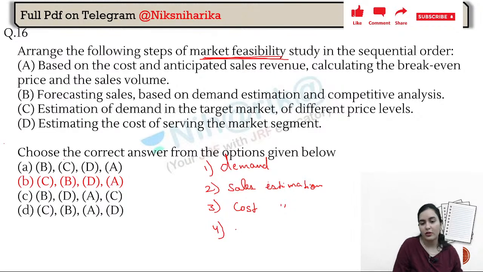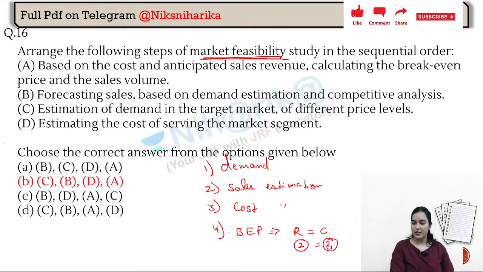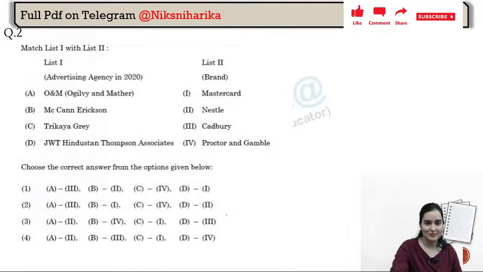Fourth will be what? The break even point, where our revenue, that is our point 2, will be equal to point 3. Revenue will be equal to cost. Okay, that will be our fourth step. Now clear? Awesome.